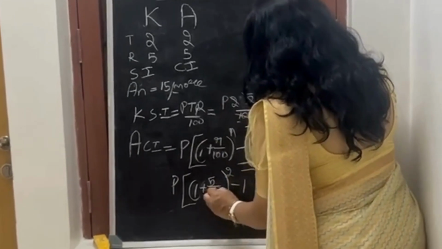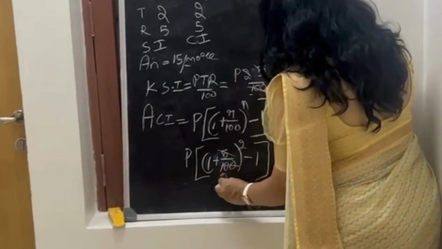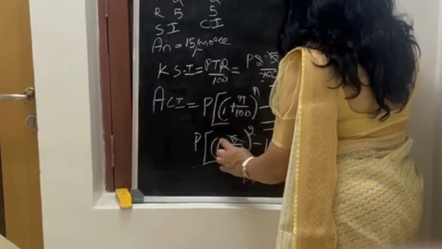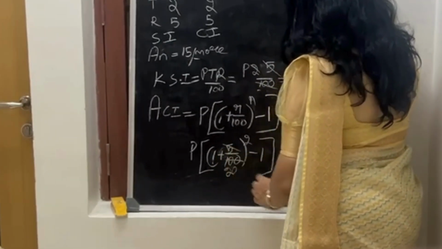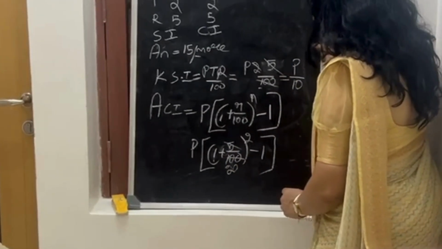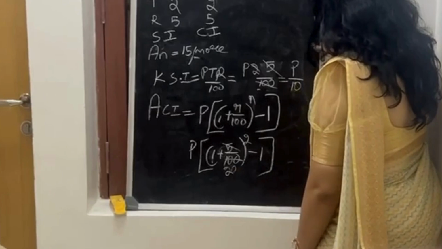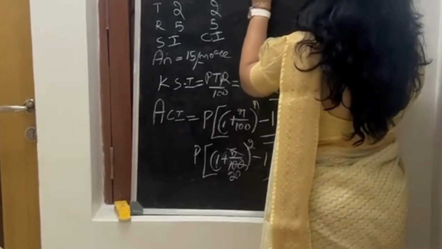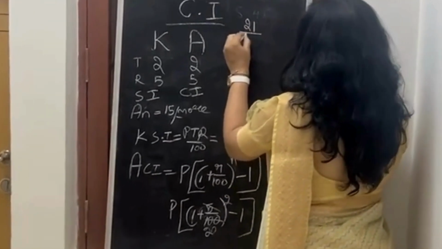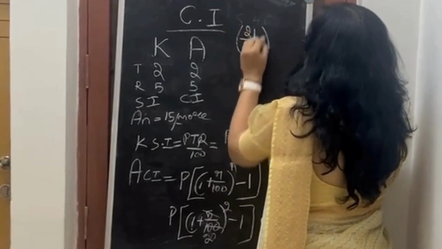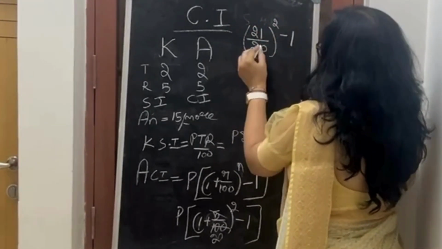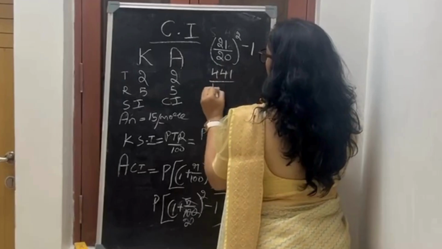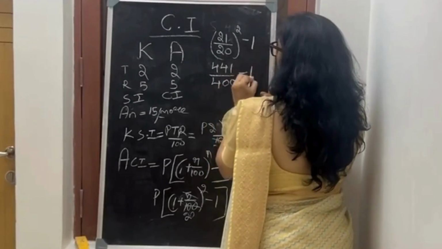Okay, so 5 ones are 5, 20s are 1 and 20. If I take the LCM, it will be 21 by 20. Correct? 21 by 20 to the power of 2 minus 1. So this will be 441 by 400 minus 1.